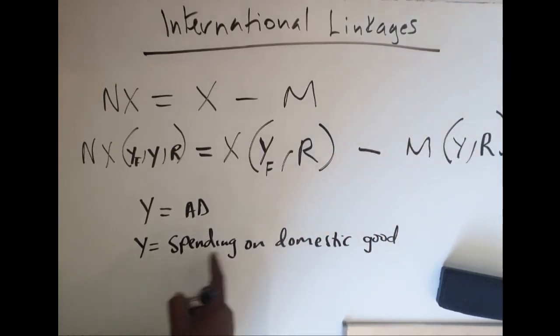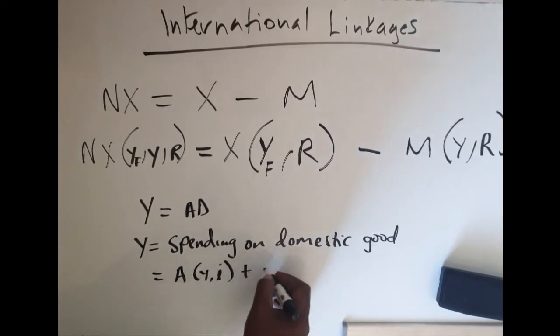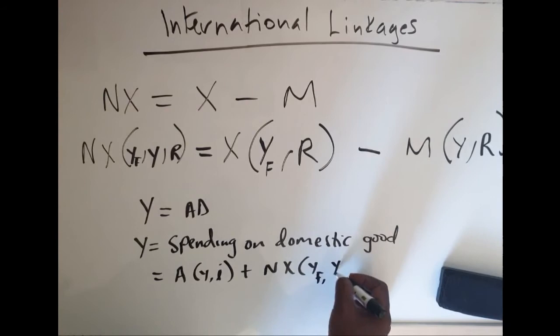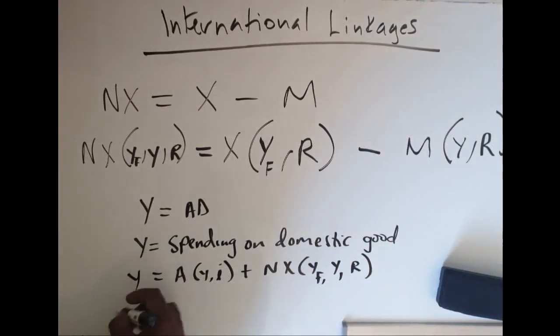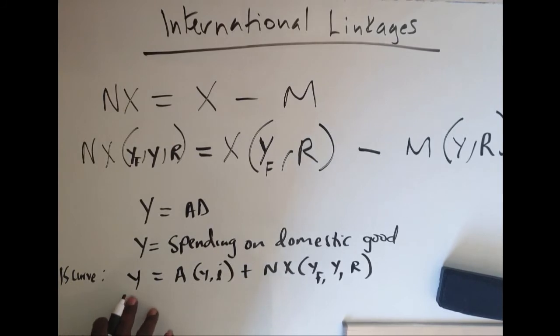Spending on domestic goods is A, which is domestic absorption, plus net exports, which depend on foreign incomes, domestic incomes, and real exchange rate. This is now the equation of the IS curve, where equilibrium is given by output being equal to domestic absorption plus the trade position of a country.